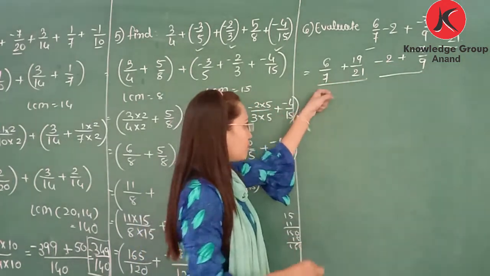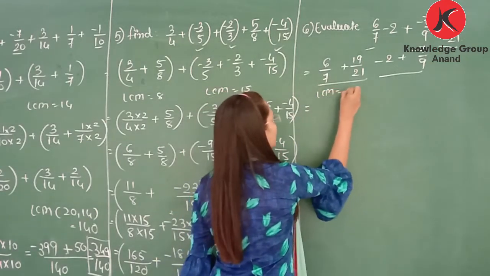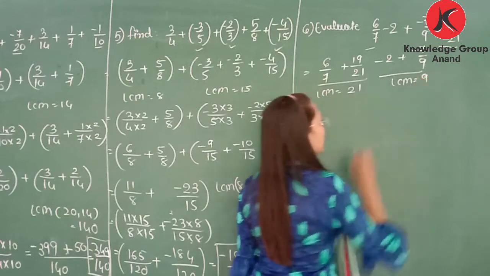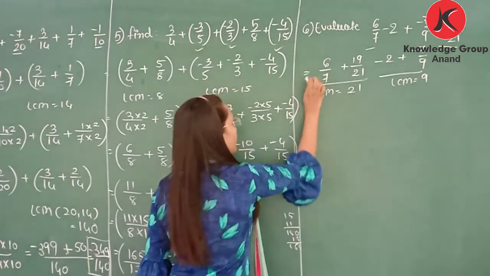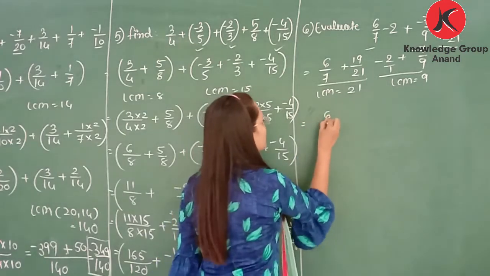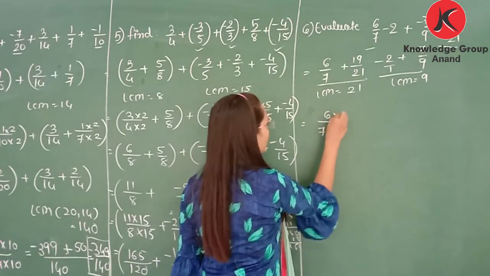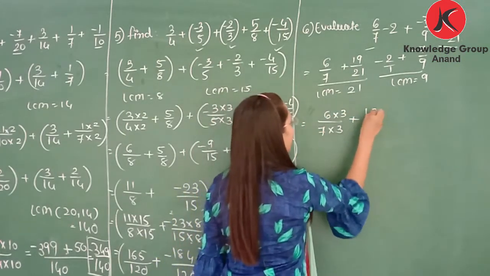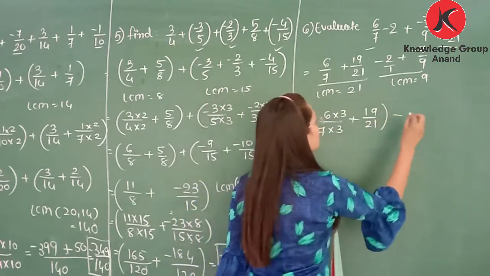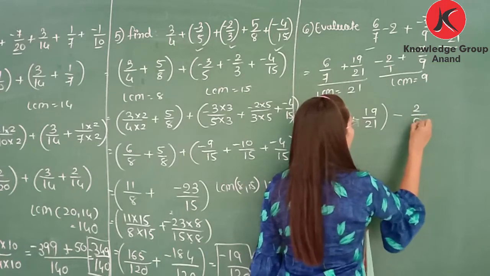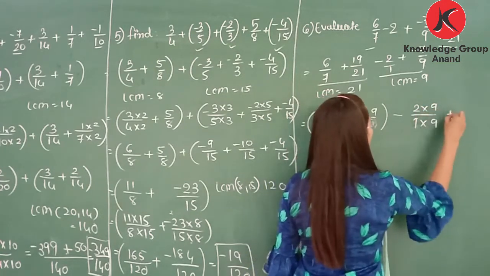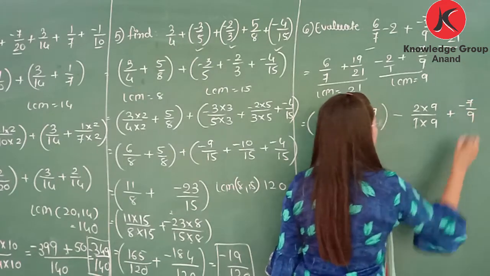So here the LCM of these numbers is 21 and here the LCM is 9, because in the 2 the denominator is 1. So here 6 by 7 is multiplied with 3, 19 by 21 as it is. Minus 2 by 1 is multiplied with 9, plus minus 7 by 9 as it is.